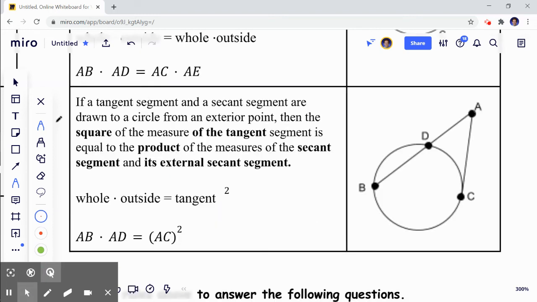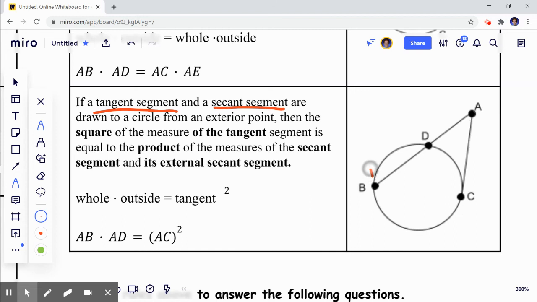The last rule talks about if you have a tangent segment and a secant segment that meet at the same exterior point. Like in this diagram, they all meet at A, so the secant is AB and the tangent is AC. This rule is that the whole times the outside piece for the secant will be equal to the tangent measure squared.